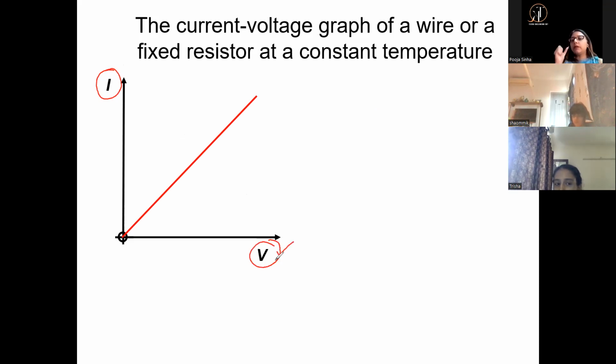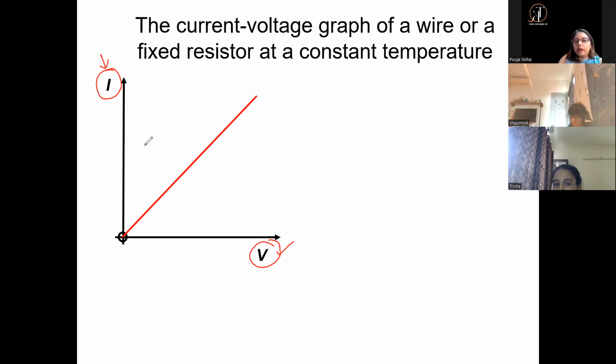Because voltage comes from the battery. और जब बैटरी आएगा, आपने जितने वोल्टेज की बैटरी लगाया, that is independent. It depends on you, nothing else. But the current which is being produced depends on that battery. That is why current is a dependent variable, hence put on the y-axis, and voltage is an independent variable, which is why it's put on the x-axis.